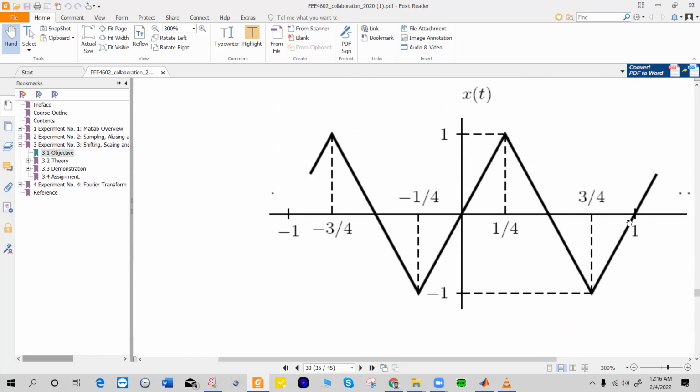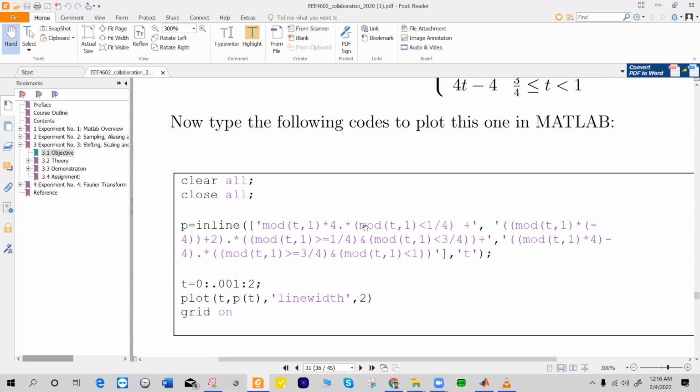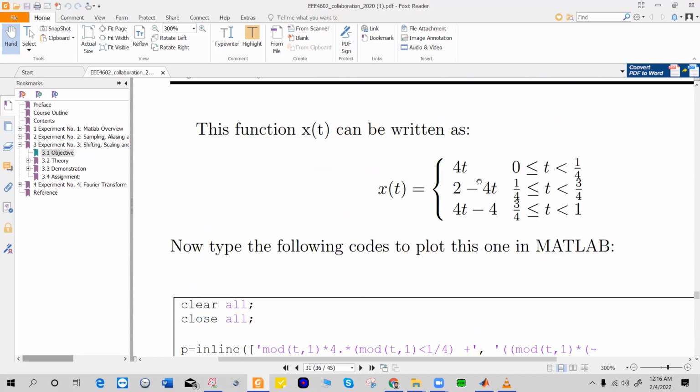This second part is just ensuring that at a single time only one of these equations will be used and the rest of the two will be equal to 0.